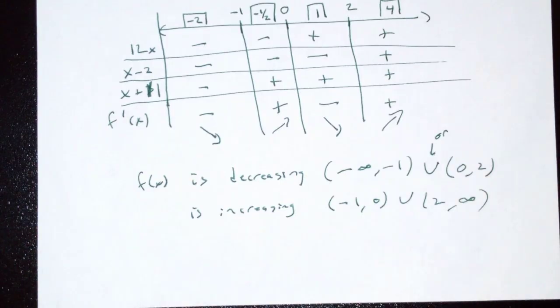I just figured out a way to test my critical numbers to tell me whether or not I have a maximum, a minimum, or something else going on. I can use this chart.